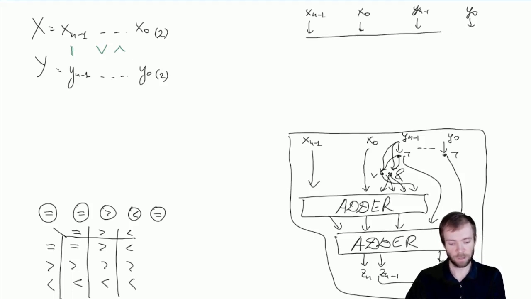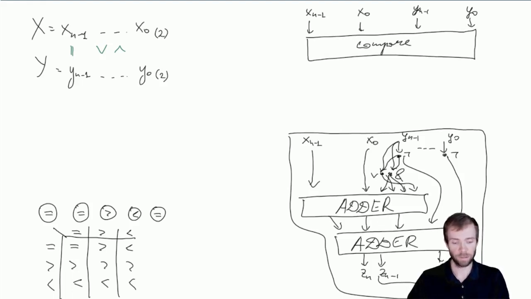So first we have a circuit to compare x and y. It produces one of three results: either they're equal, or x is greater than y, or y is greater than x.